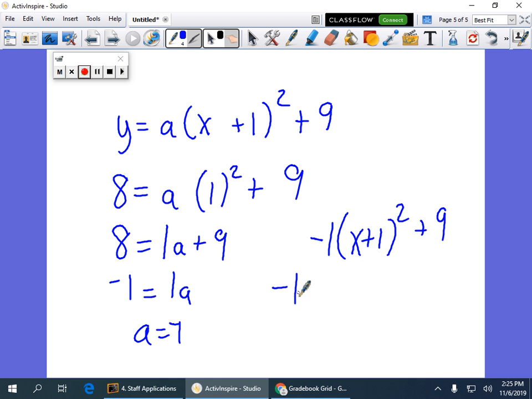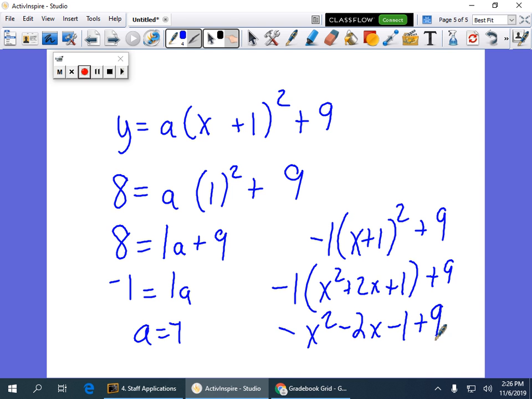Standard form. So you only had to get up to here. You only had to get up to here, and now I took it to the next level. Okay?